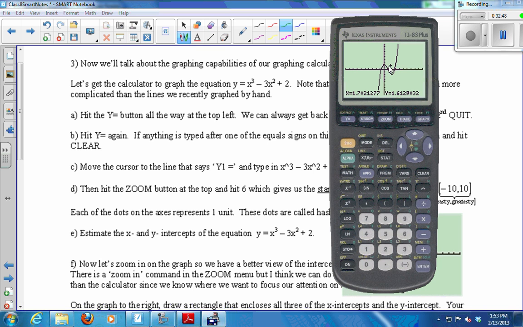So I'm going to create a box right around this x-intercept. And the way you do it is put the cursor where you want the upper left corner of the box to be. Then you just press enter. And then you can go down and over to create a box. And then my calculator is going to zoom in on this part of my graph once I press enter again.